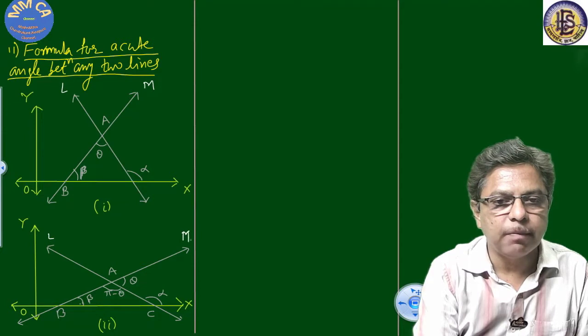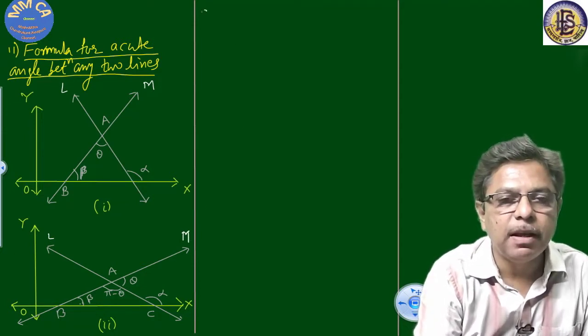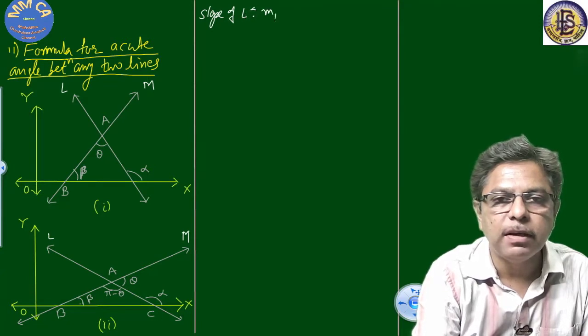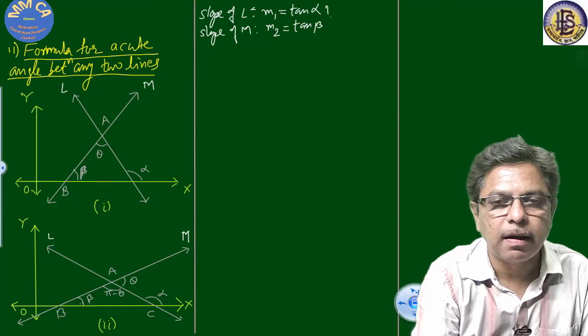So alpha is the inclination for line L. So the slope of L is m1, and it is tan alpha, and the slope of this line M is m2, which is tan of beta. So we'll consider this as first.